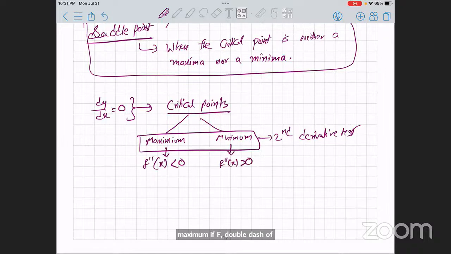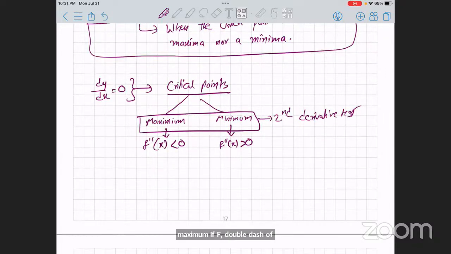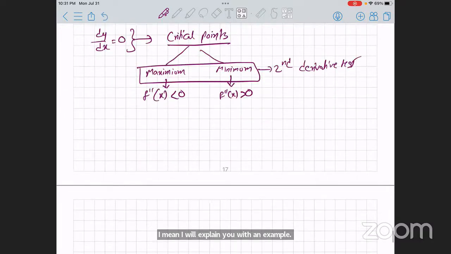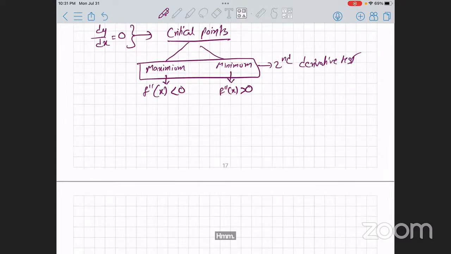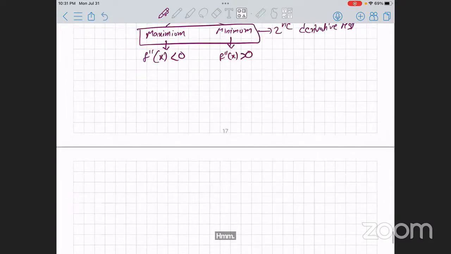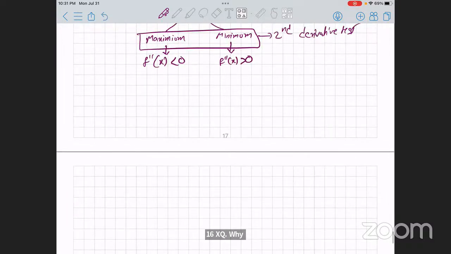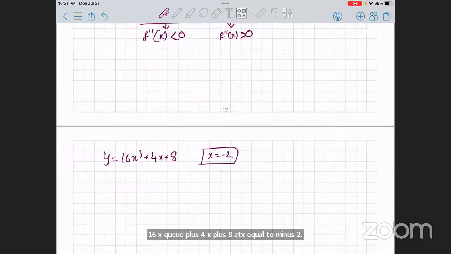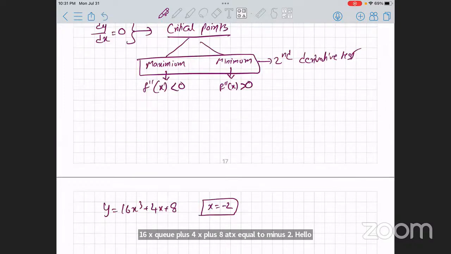Now I will explain with an example. y equals 2x cube plus 4x plus 8, at x equal to minus 2.